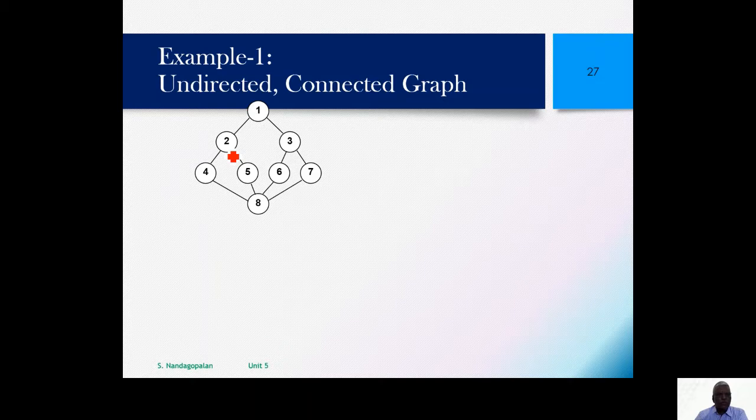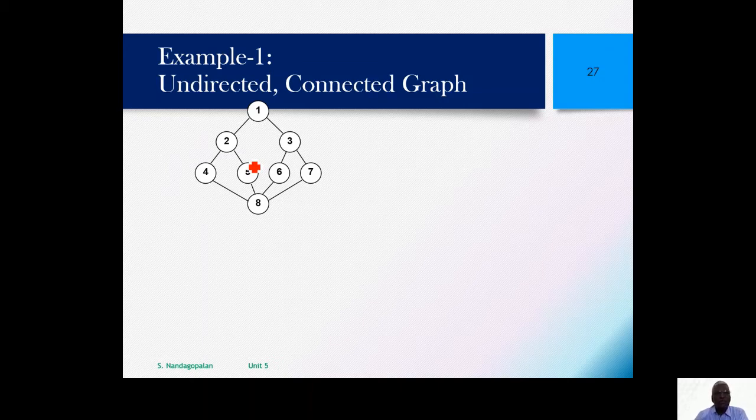For example, 2 will be entered into the queue, followed by 3, and then we take the vertex deleted from the queue and explore all its adjacent vertices. Before we do that, of course, we have to enter these values into the queue.